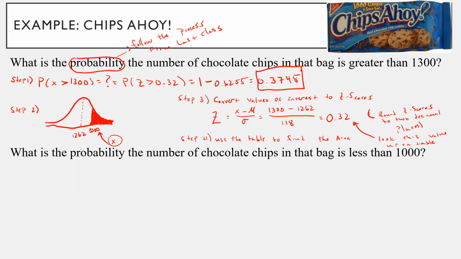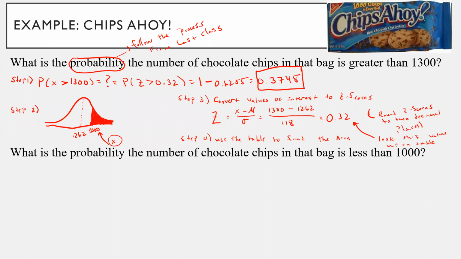Well, if there were at least 1,000 chips in every bag, could you actually get a bag with less than 1,000 chips? Well, the answer is no. If it was true, there's no way you could get a bag with less than 1,000 chips.